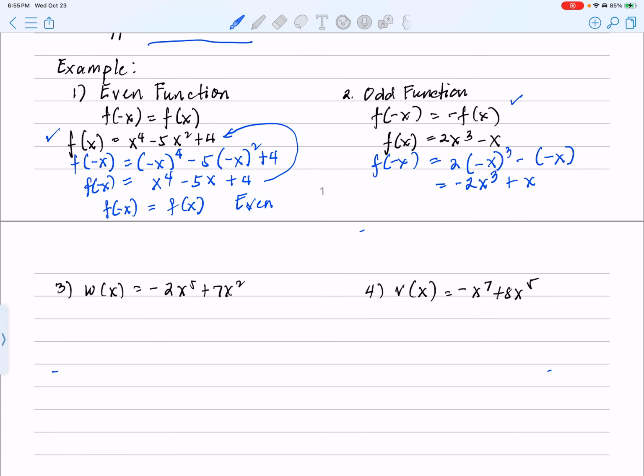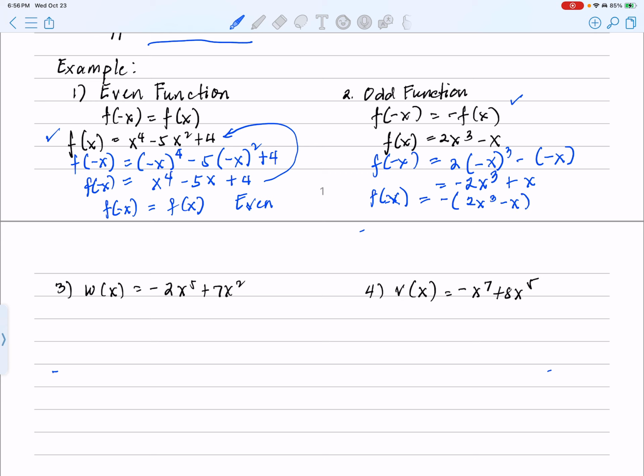Negative 2x cubed is the opposite of 2x cubed. Positive x is the opposite of negative x from the given function. So therefore, you could say that the function of negative x, if we have the common factor of negative 1 outside, we can have 2x cubed minus x.